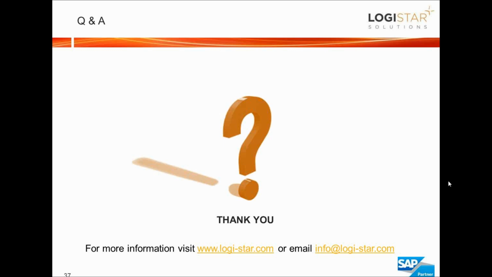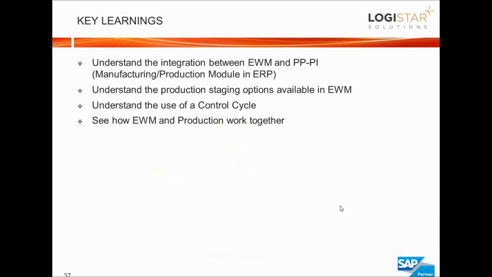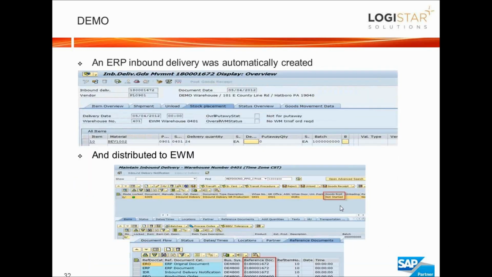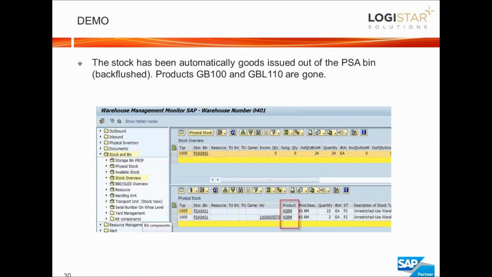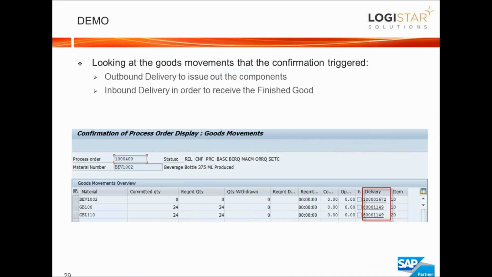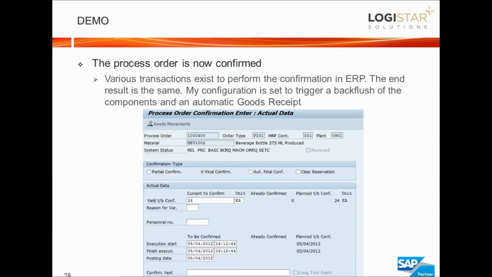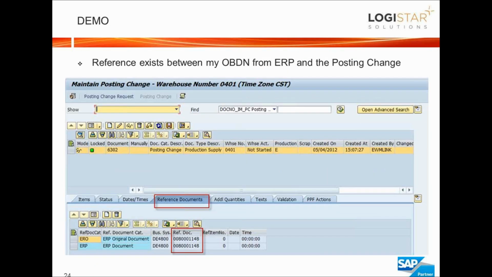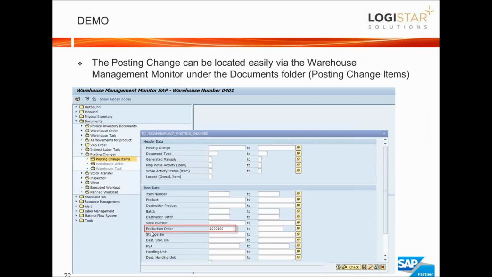Okay, here's another one for you. Are all of the same staging strategies available in EWM, regardless of whether I'm using process orders or production orders? Yeah, absolutely. In EWM you'll see the term production order, so right here's a good example.